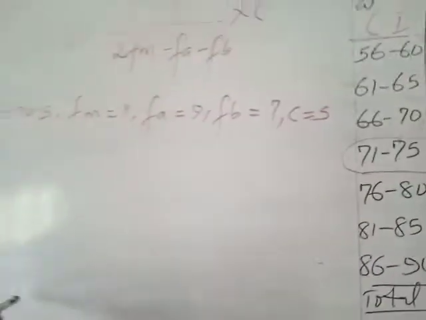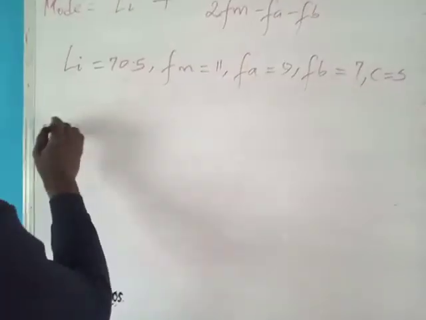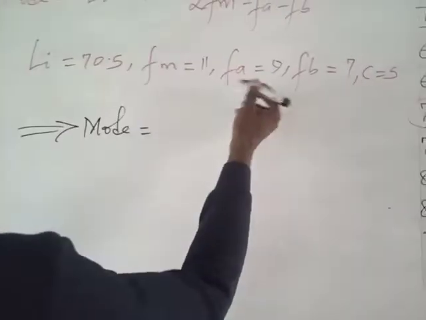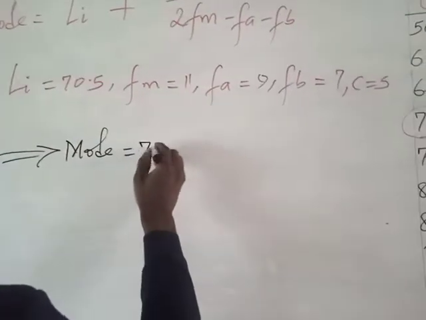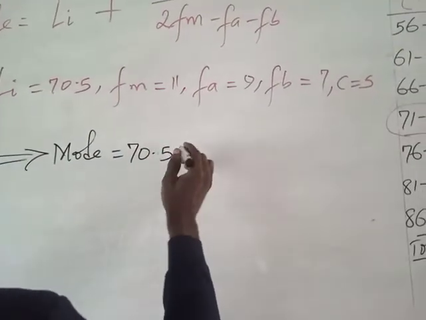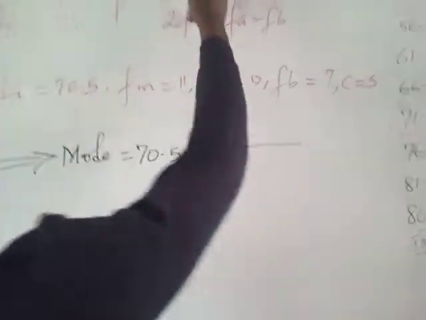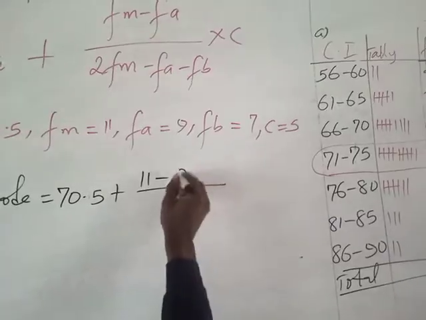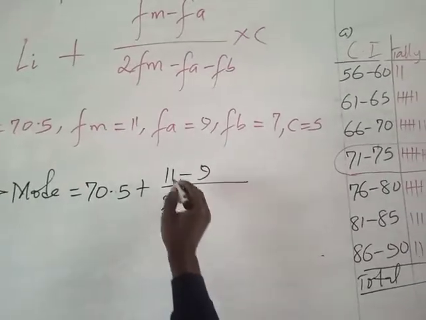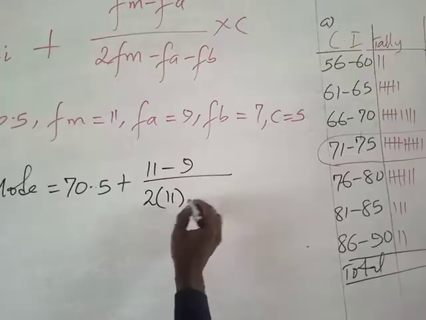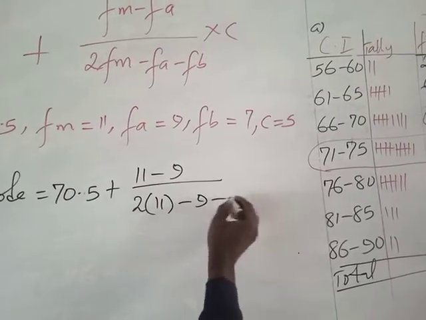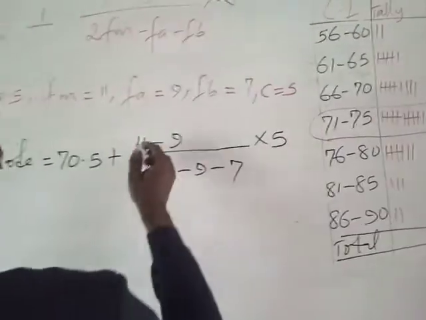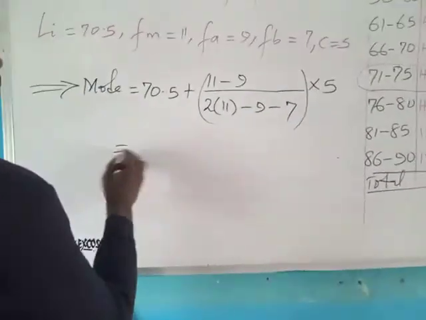So let's substitute everything. Here we're going to have our mode equal to Li, which is 70.5, plus Fm, that's 11, minus Fa, that's 9, all over 2 times Fm, 11, minus Fa, 9, minus Fb, that's 7, then times 5. So let's simplify this.